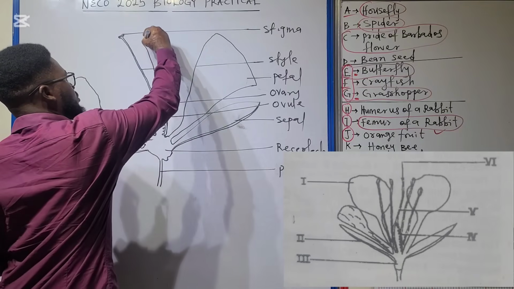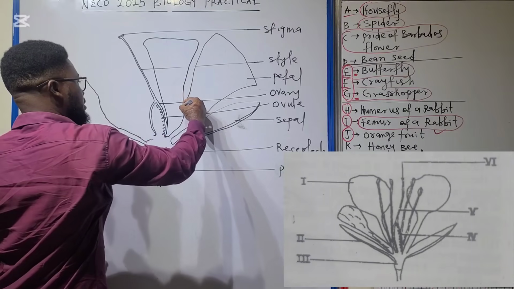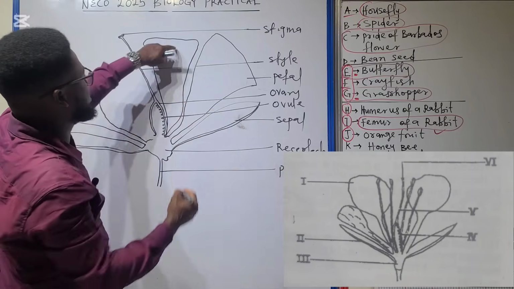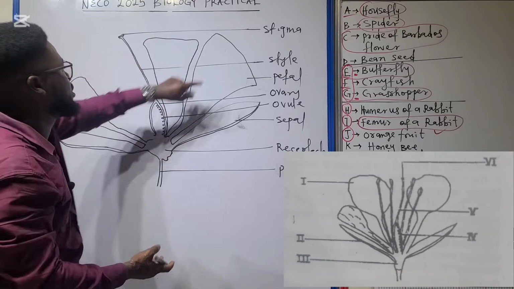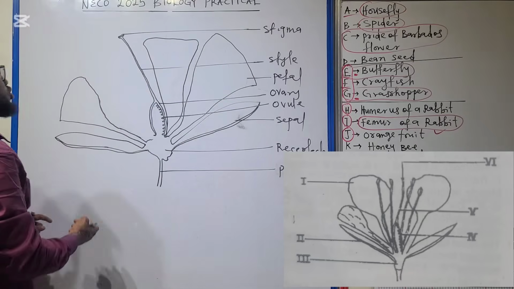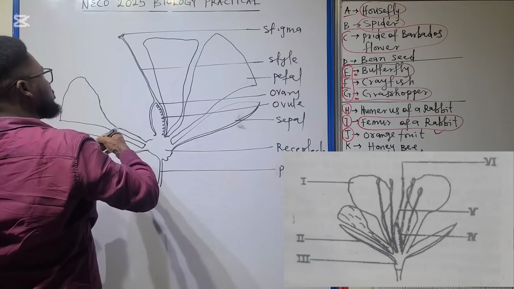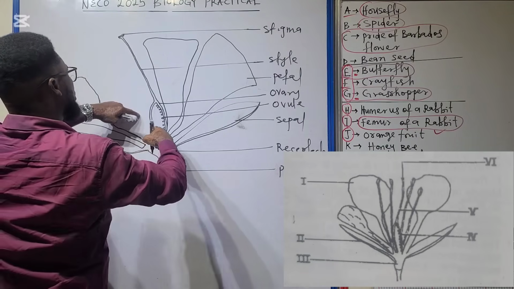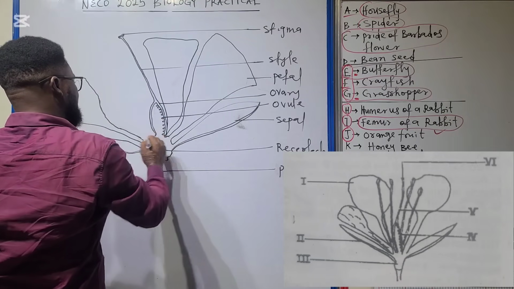I could go like this. This here is another petal. I could go that way. This here is a petal. This here is another petal, making it two. And then I could try to draw my filament, very important in this space here.